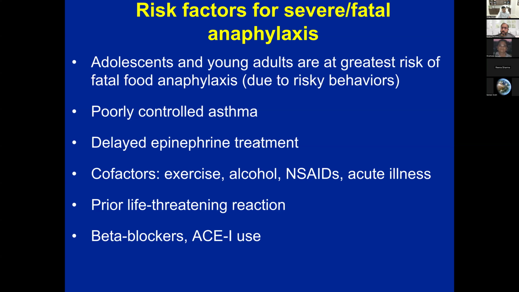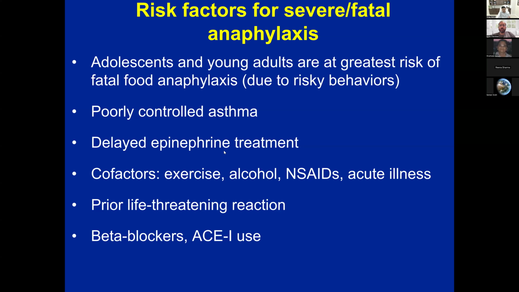Now, assuming that it's still negative, but you have a strong clinical history, then yes, you do a food challenge. But obviously, you have to do it carefully. If it's a rare food, then you say, okay, don't worry about it.